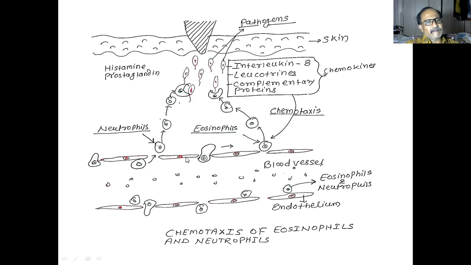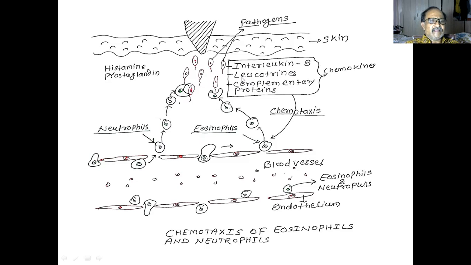Okay, now see here. These are the pathogens. These neutrophil, eosinophil, and monocyte enter the extracellular spaces. Then when these phagocytes enter the extracellular spaces, interleukin 8, leukotrienes, and complementary proteins act. Interleukin 8 is secreted by the macrophage cells, which secrete interleukin 1 and also interleukin 8.